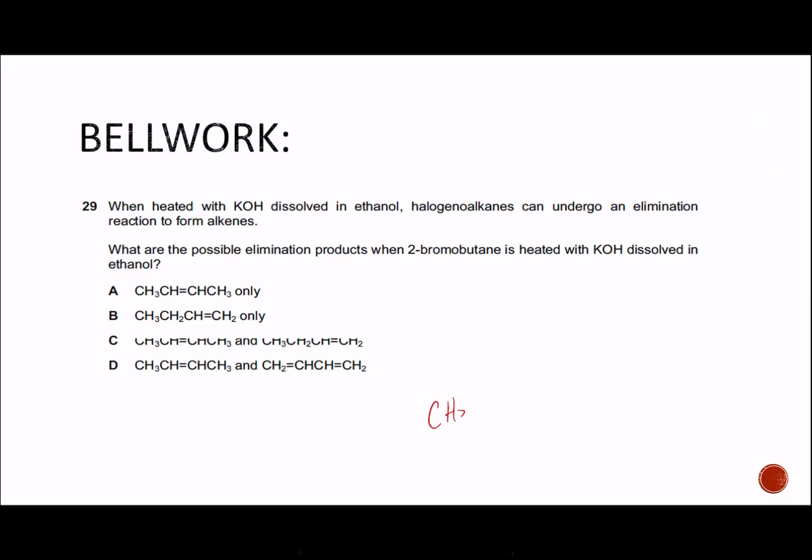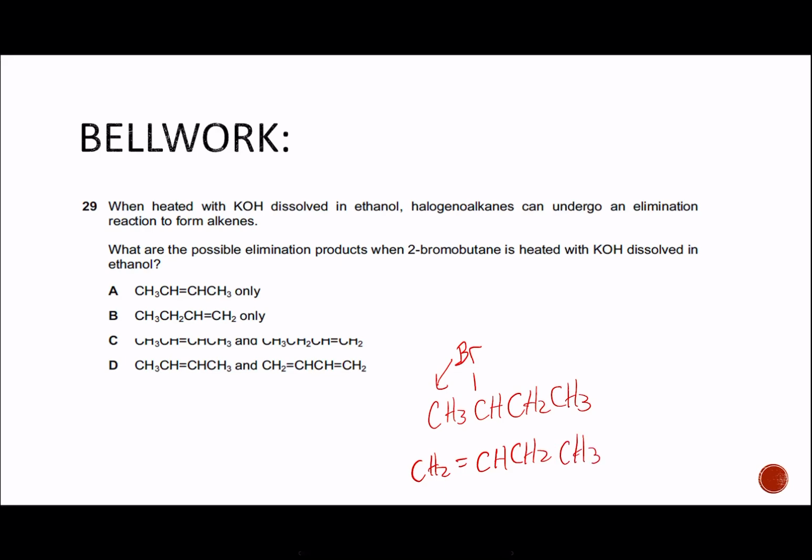2-bromobutane, CH3, CH, CH2, CH3 with bromine on the second carbon, which I like to expand out the functional group. And so you really do have 2 options here, possible elimination products. And they're not even giving you the cis-trans options. You've got an option to put the double bond this direction. You will have CH2, CH, CH2, CH3.